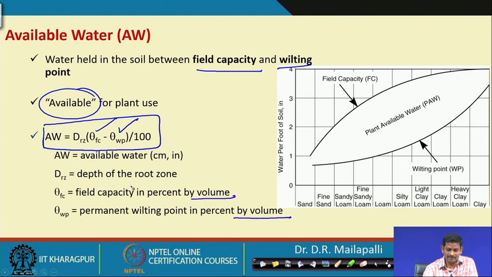Suppose you have that on a gravimetric basis. In order to convert gravimetric into volumetric basis, you have to multiply with the bulk density.